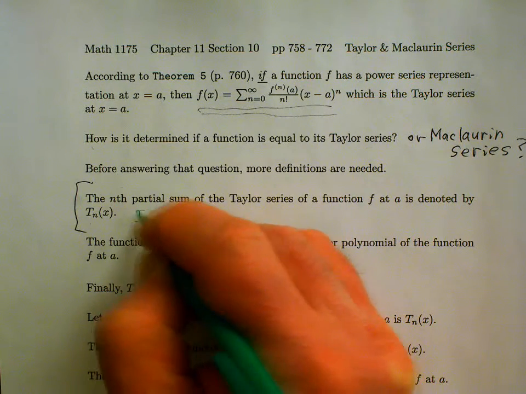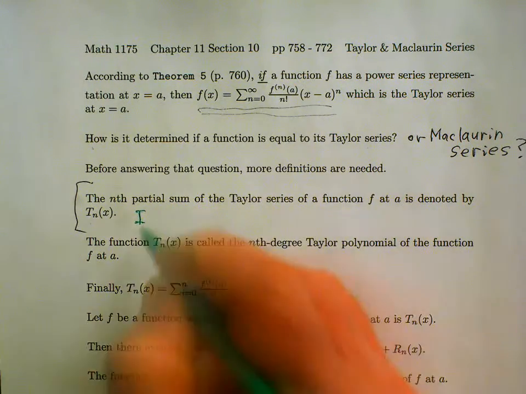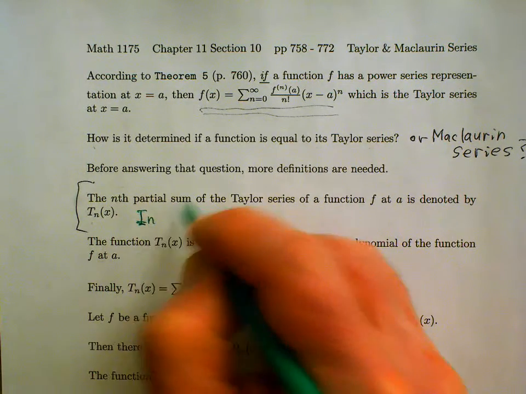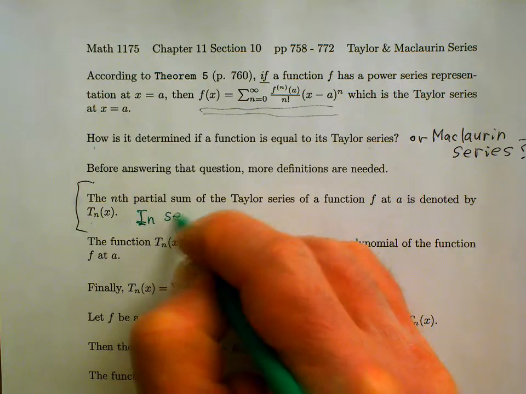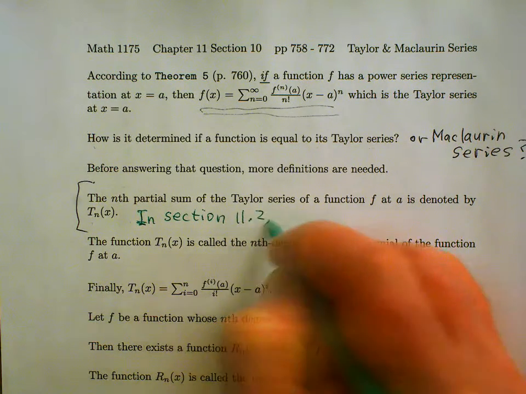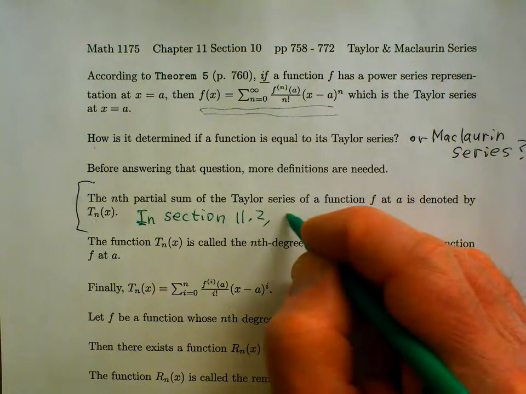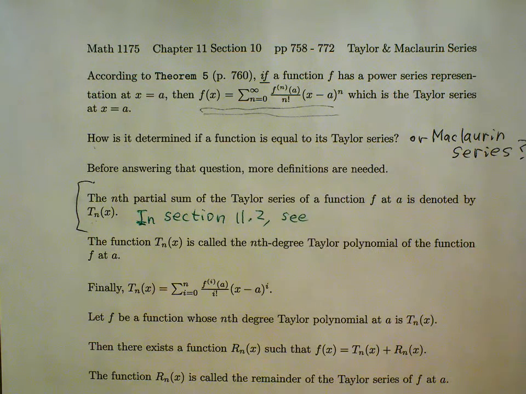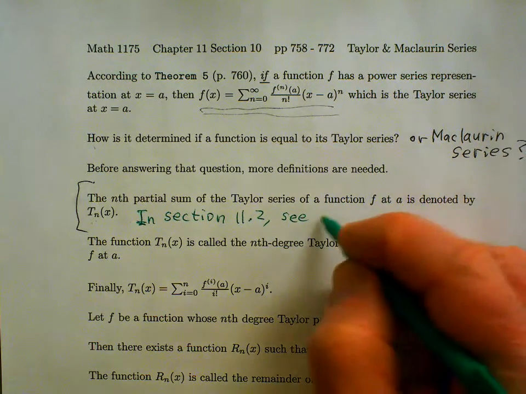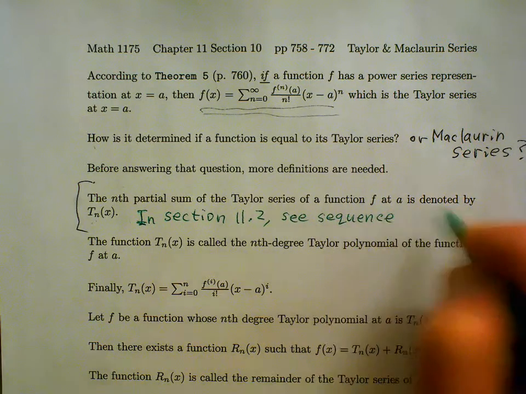We have discussed sequences of partial sums before in section 11.2. Sequences of partial sums are addressed for the first time there. So you can review that if it helps see the sequence of partial sums.